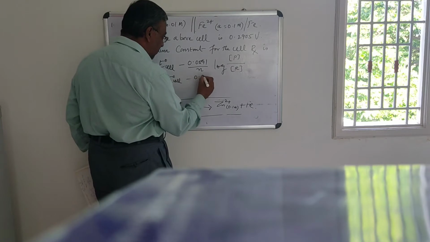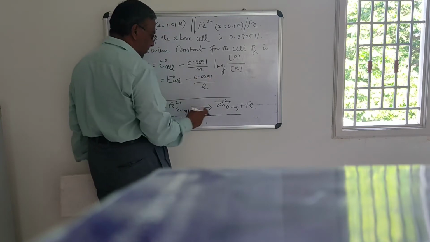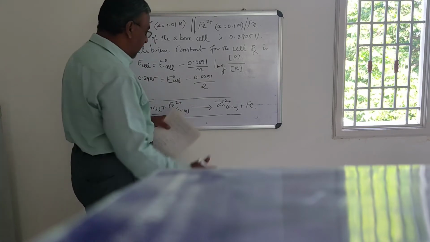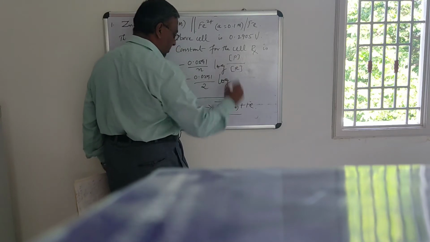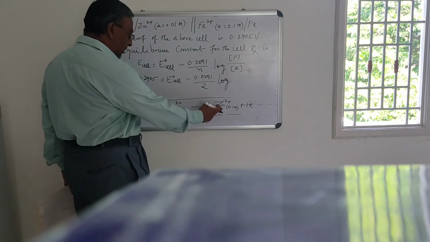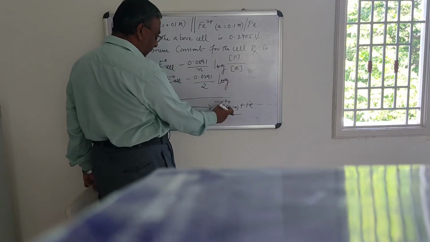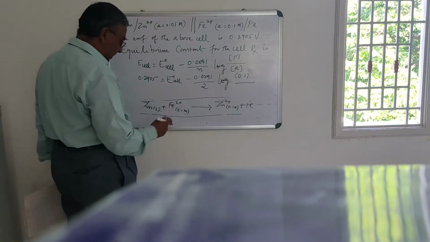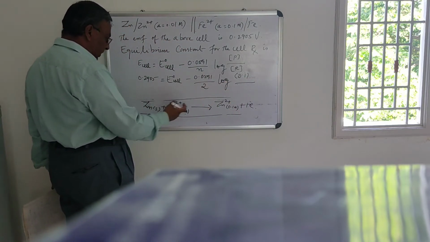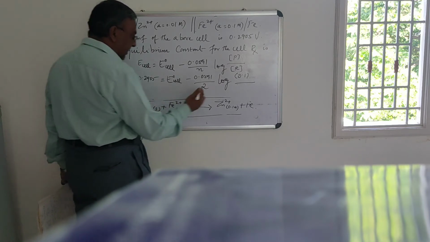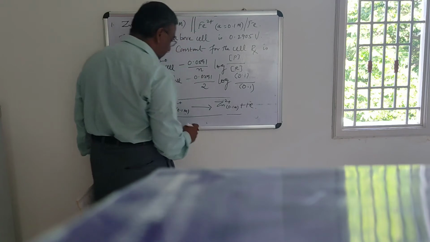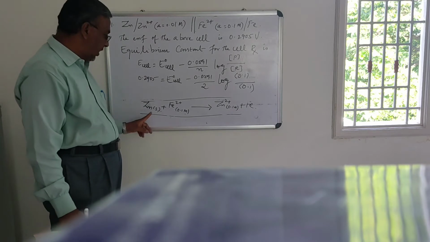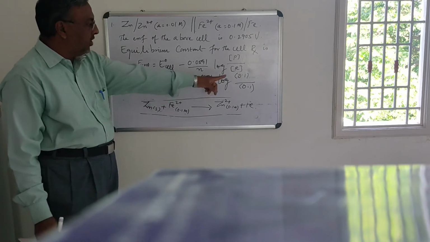Minus 0.0591 divided by 2, because here there are 2 electrons transferred in the electrochemical reaction, log of the concentration of zinc 2 plus, this is product, will be 0.1 divided by, now coming to the reactant, the concentration of Fe2 plus is found to be 0.1, whereas the concentration of zinc solid, usually the concentration of solids is taken as unity, that is why we have not mentioned it here.